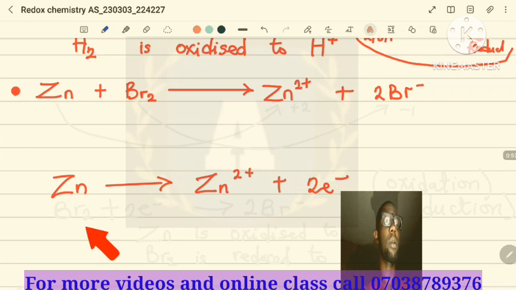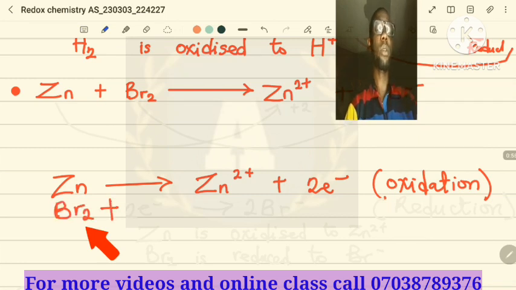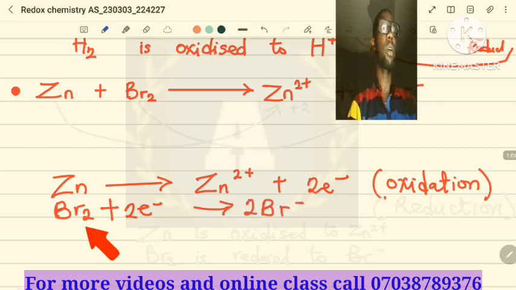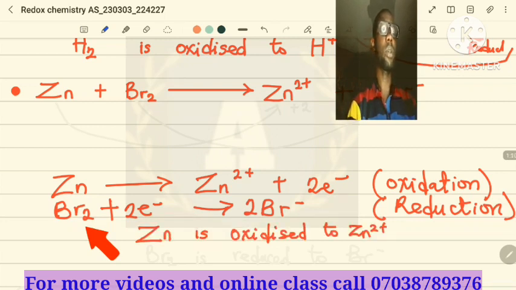Loss of electron is oxidation. Now here, the bromine liquid is gaining the electrons to become charged, and the gain of electron is known as reduction. So we can say zinc is oxidized to zinc ion, then bromine is reduced to bromide ion.